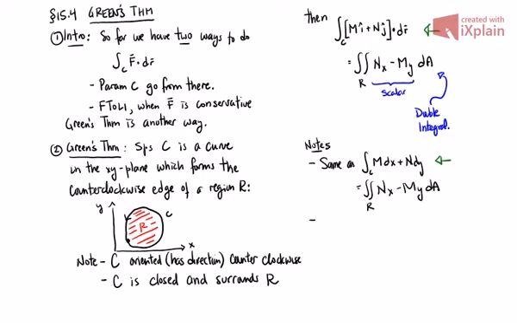That's the first note. Second note is that C must be counterclockwise. So if C is clockwise, we can still use it, but we negate the answer because we're reversing the orientation.